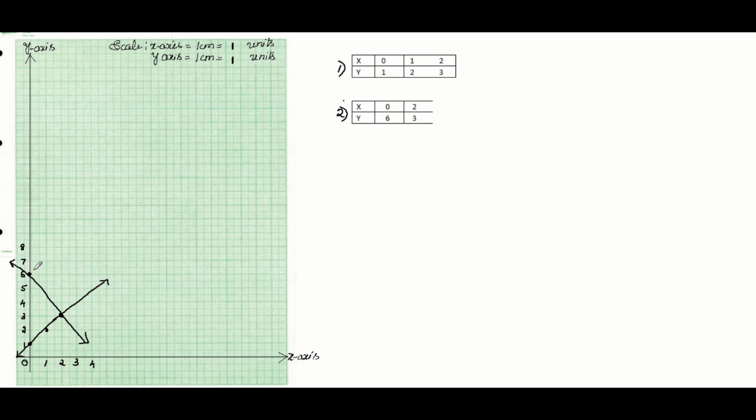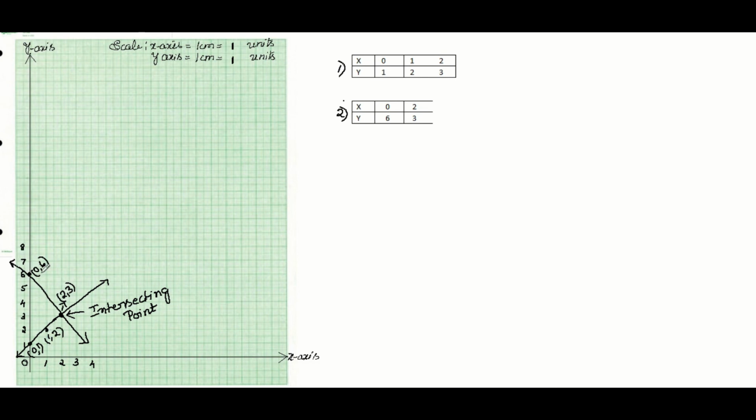Okay, so next this point is 0 comma 6 and this point is 2 comma 3, which is the intersecting point. Okay, so this is the intersection point. So this is 1 comma 2 and this is 0 comma 1.